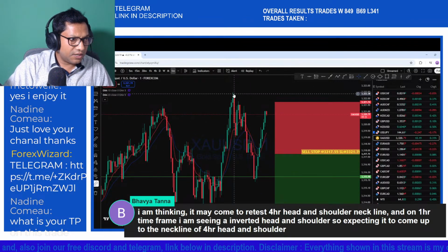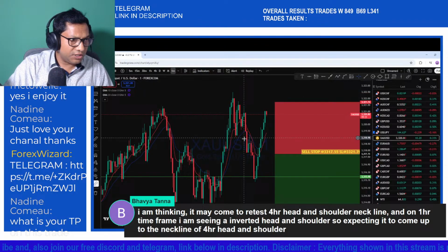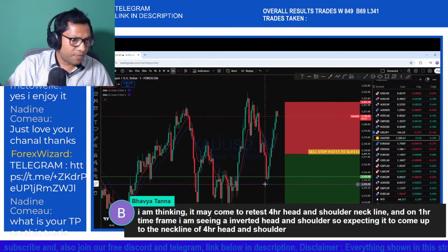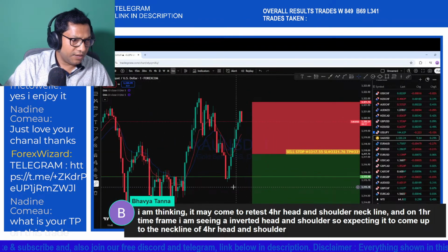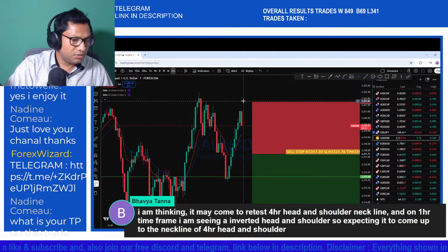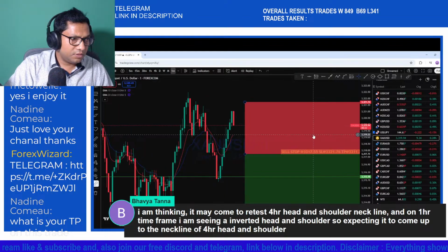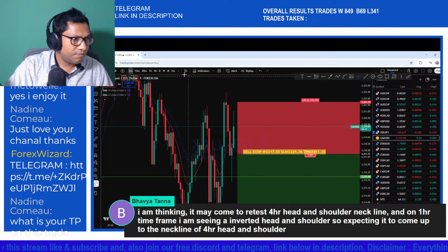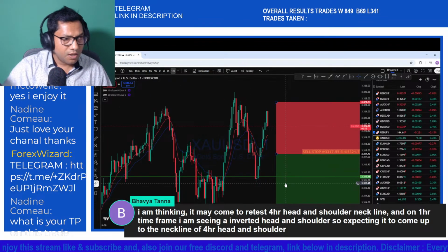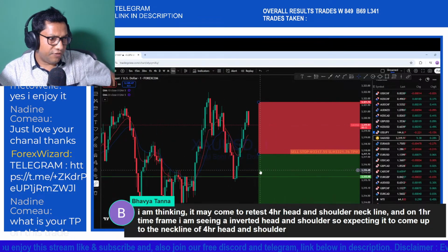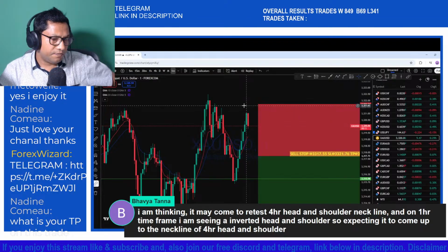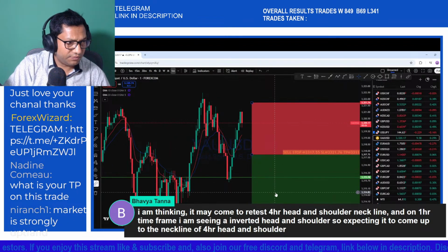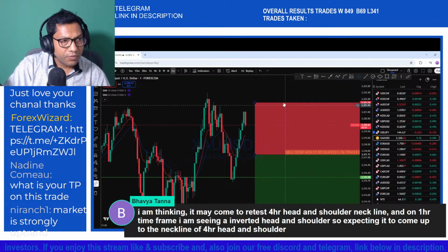So from this resistance, we see the market has come back to that key level, and again straight down. Now the 30 minutes closing, 5 minutes, the 1 minute. We'll be waiting to see if this is a fake out, and I think if the market drops again, we might be seeing a new lower low.